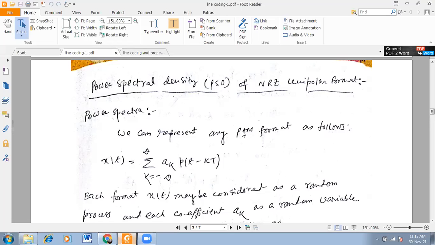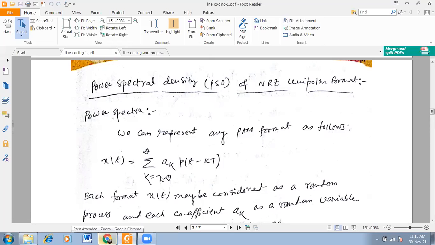At each and every sample instant, we get the pulses. That is called PAM in nature, pulse amplitude modulation. So if you write those PAM signals in mathematical form, you would have this sort of expression, x of t.